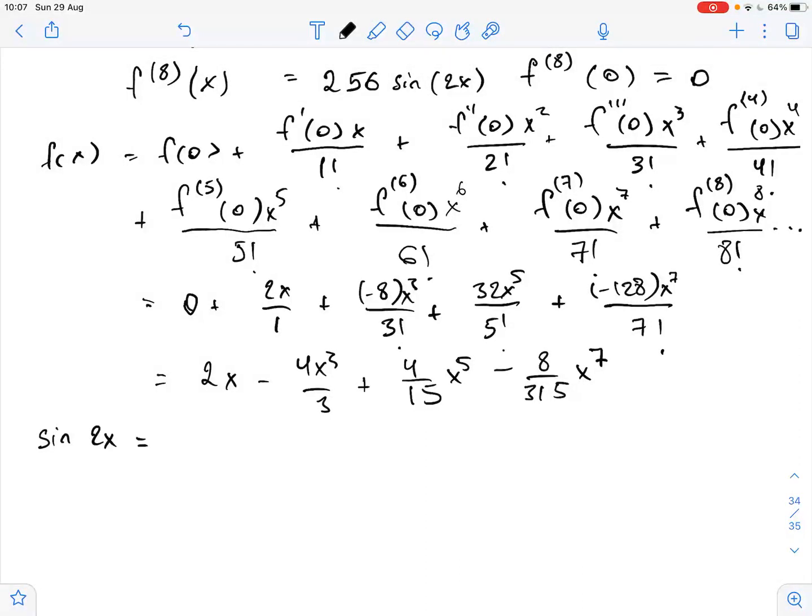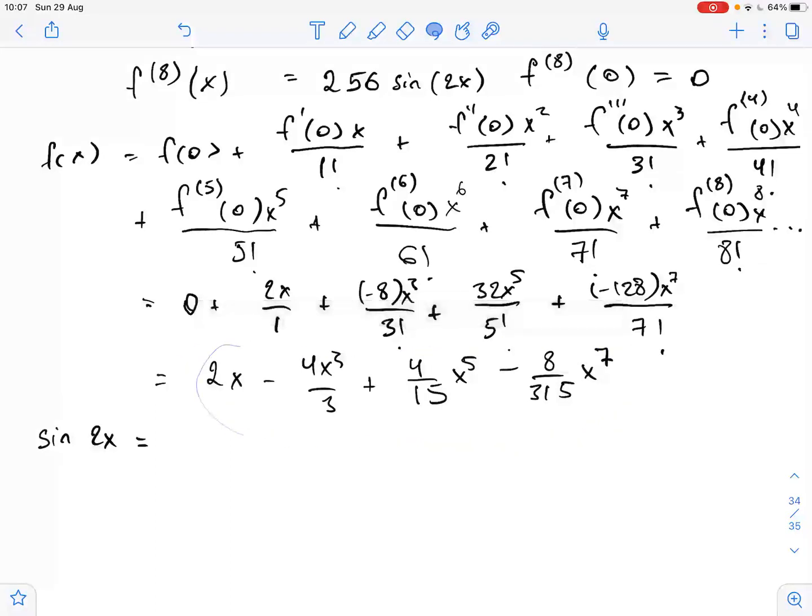So this is our final answer for part A. So sine of 2x equals this.